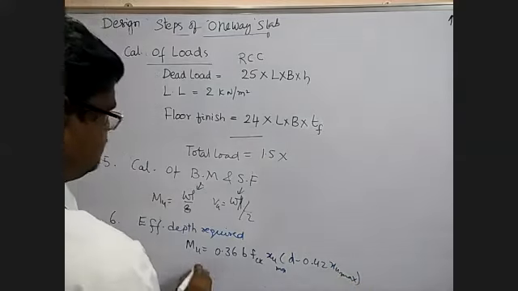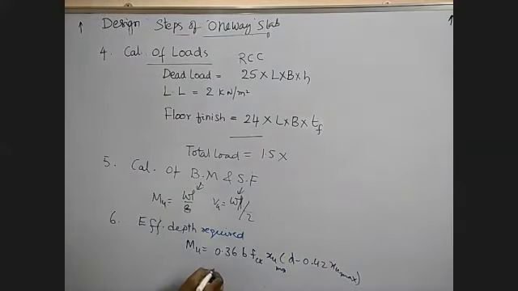Using this formula, you have to check the D value, just like in the beam design, almost the same as the beam design. So that is the design of the D value. Then the seventh step.